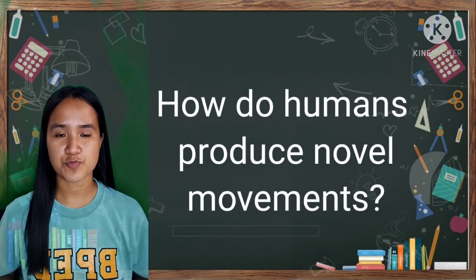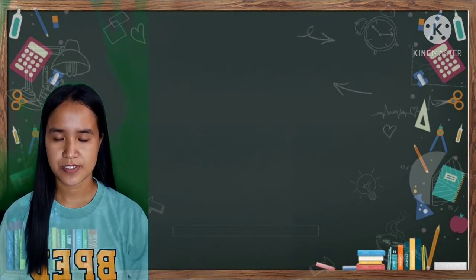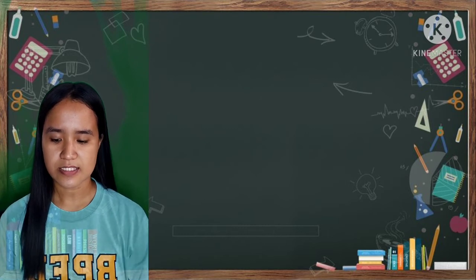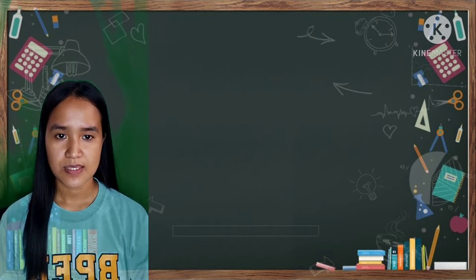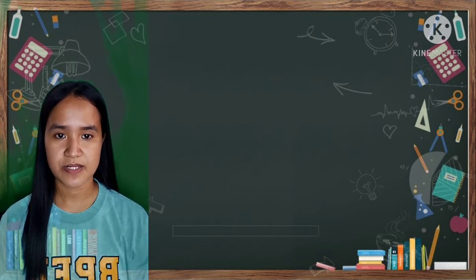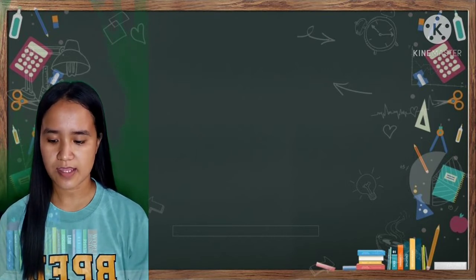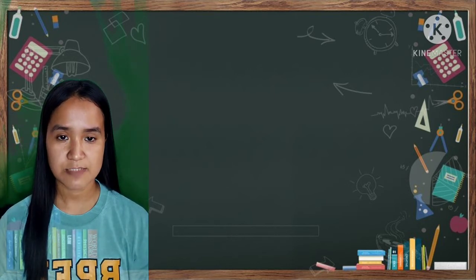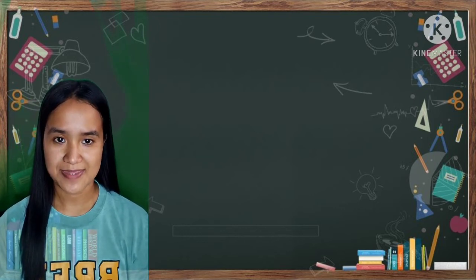Next, how do humans produce novel movements? Humans produce novel movements that are slightly different from those we habitually use day by day. Often, when we experience pain with a specific movement, our brains create lasting associations between the pain experience and movement of the limb or area of the body.